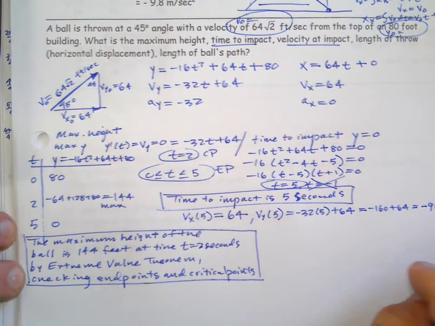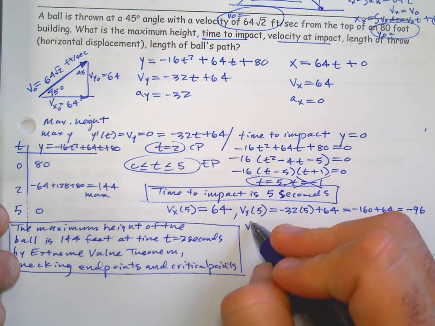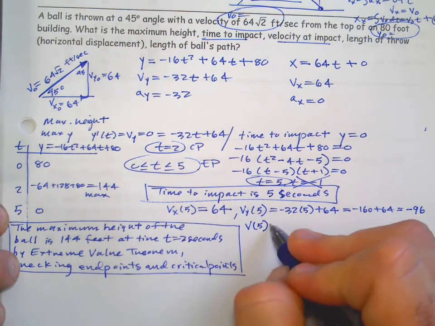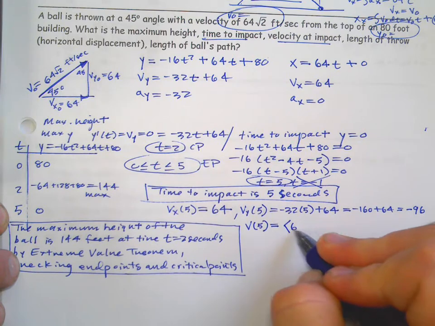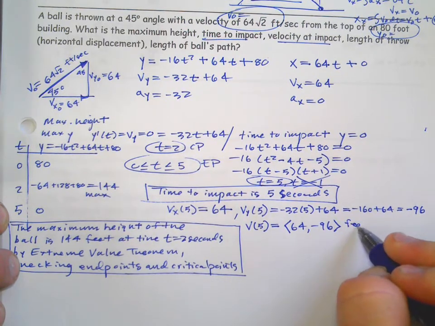When you hit the ground, you're going downwards, right? So you should have negative y velocity. So the velocity at time of impact is 64 comma negative 96 feet per second are the units.